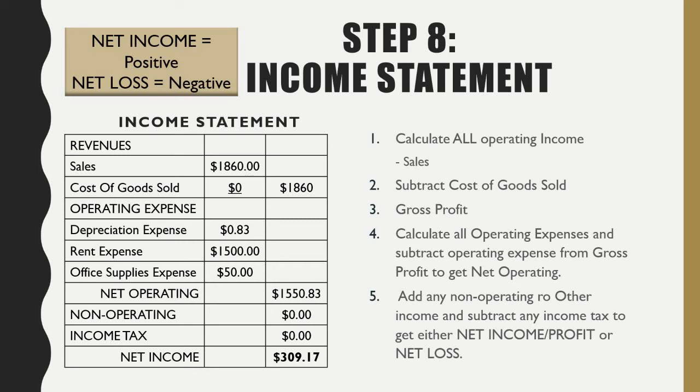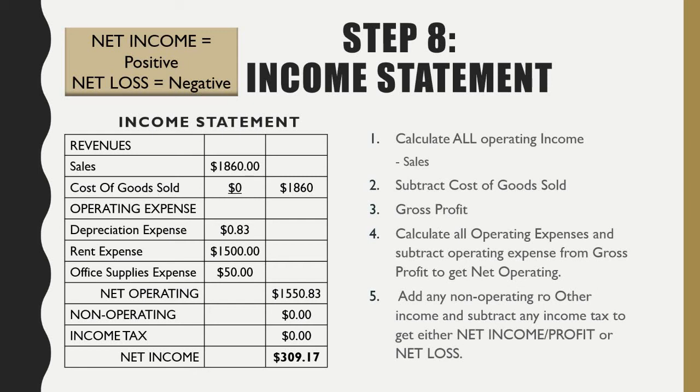It's going to take all of your generated income and subtract out all of your expenses that you had to operate the business, and also if you have non-operating income or non-operating expenses, all of those are going to be combined. So all of your income is going to be subtracted against all of your expenses, okay?